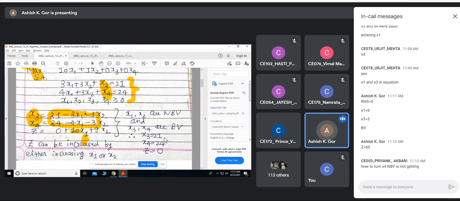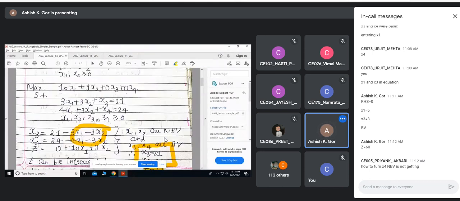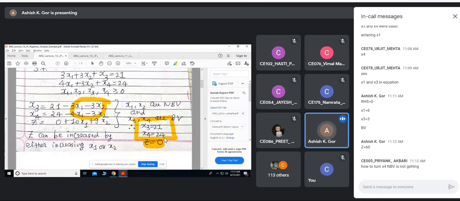Since initially x3 and x4 are basic, x1 and x2 are non-basic, which means they are set to 0. So the solution is x3 equal to 21, x4 equal to 24. Since x1 and x2 are non-basic, they are 0, and I get z equal to 0, because 10 into 0 plus 9 into 0 is 0. So now what to increase? x1. But how much can I increase x1?